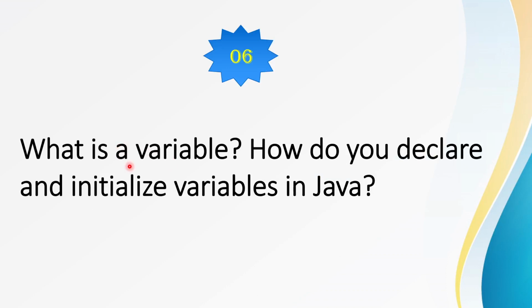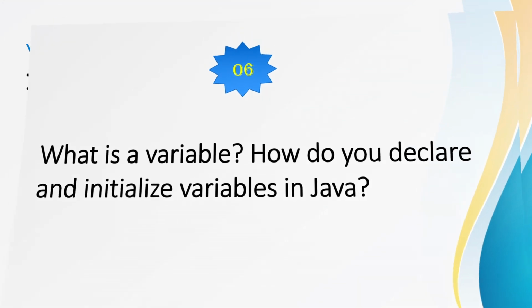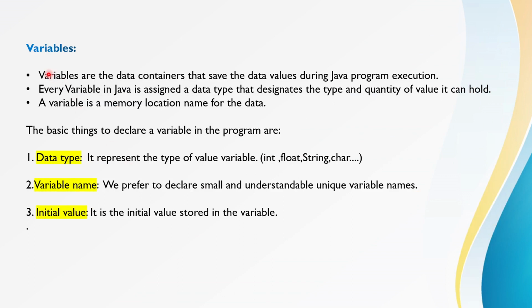What is a variable and how to declare and initialize variables in Java? This is a basic question everyone knows, but see. Variables are data containers that save data values during Java program execution. Every variable in Java is assigned a data type that designates the type and quality of value it can hold. A variable is a memory location name for the data.